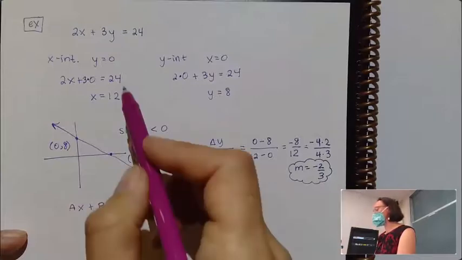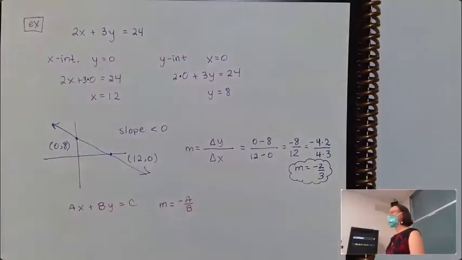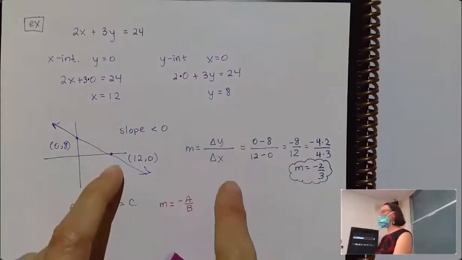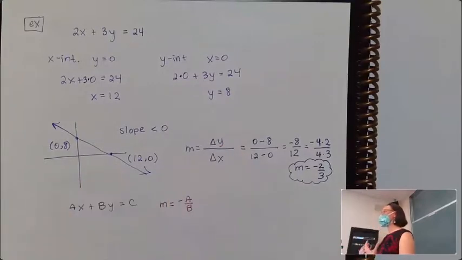Anytime you're being asked to deal with an equation in standard form, you're probably going to have to find the X and Y intercepts anyway. And if you just remember how to find X and Y intercepts and how to do the slope as change in Y over change in X, it's less to try to keep in your head and more versatile for other problems. So that would be my recommendation. But if you love memorizing formulas, that's an option.